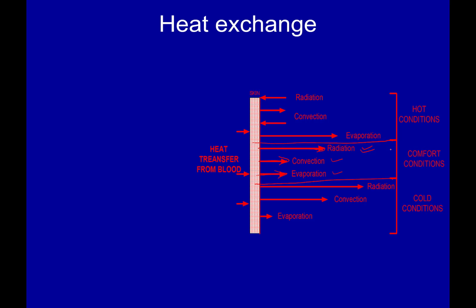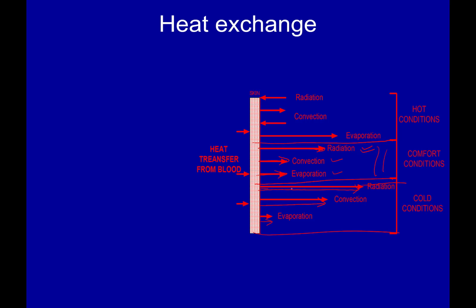So in comfort condition, these are the three ways by which heat exchange between the body and the surrounding takes place. When the conditions are cold, the heat loss is primarily by radiation, then a little less by convection, and further less by evaporation, because in cold conditions evaporation possibilities are very negligible.